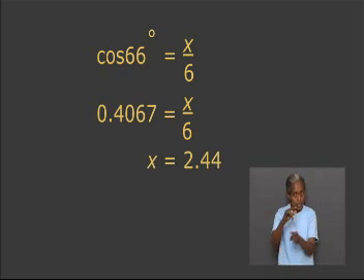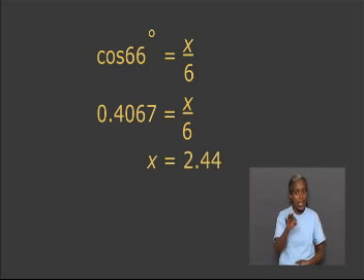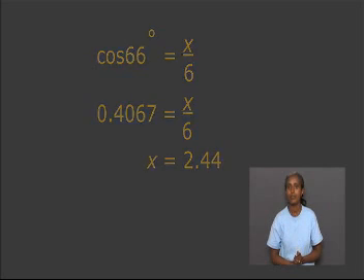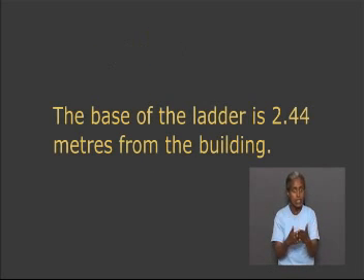In this way, we find that x equals about 2.44. This is the length in meters from the base of the ladder to the building.